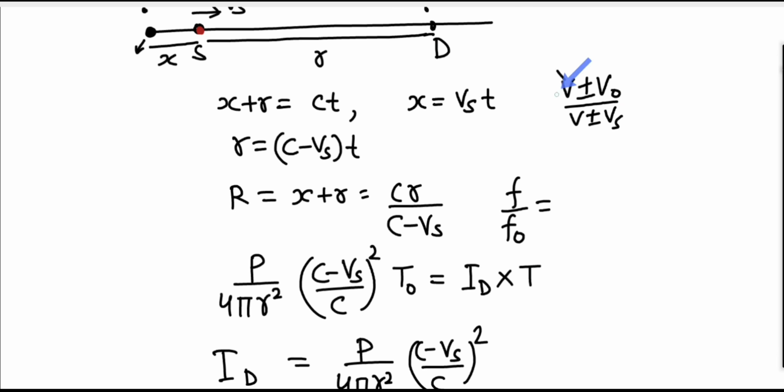In this case v is nothing but c, and vo is the velocity of observer, that is the detector here, and it has no velocity, so we will get c by (c minus vs), right?